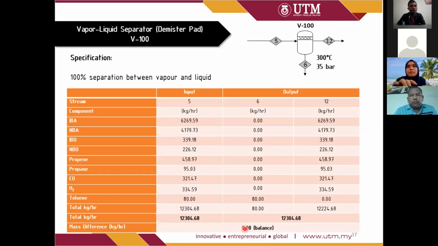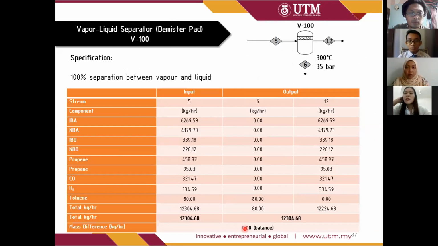The input for stream number 5. I'm referring to the PFD document, the PDF you sent to us. Stream number 5, the toluene. What is the number? 80.